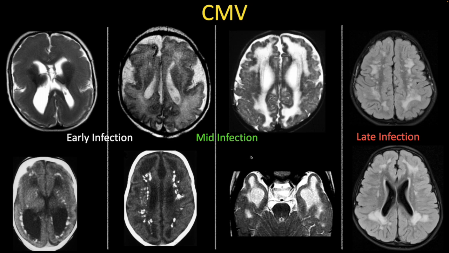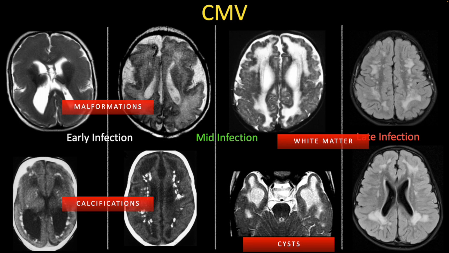Later on into the second trimester, it has additional white matter abnormalities, less severe cortical abnormalities, and can also have temporal lobe cysts and frontal cysts. Into the third trimester, the migration abnormalities are less expected, but you have multifocal abnormalities of the white matter with a posterior to anterior gradient, parietal predominant.